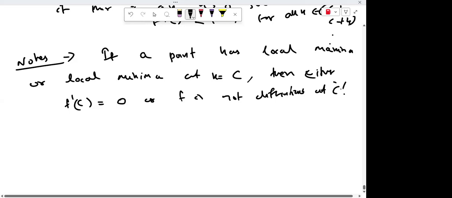Okay. If it is a local maxima or minima, then the differentiation must be 0, or it may not be differentiable.